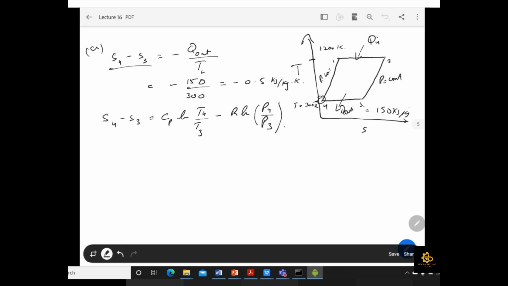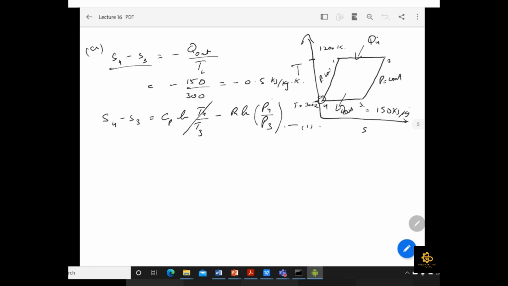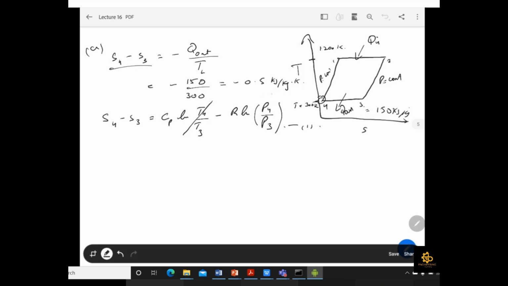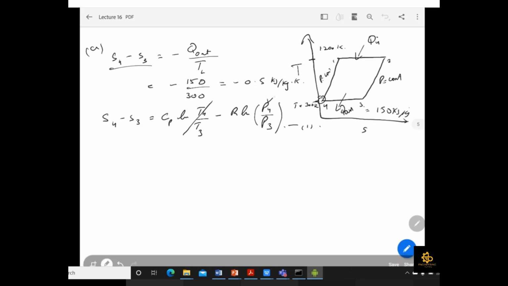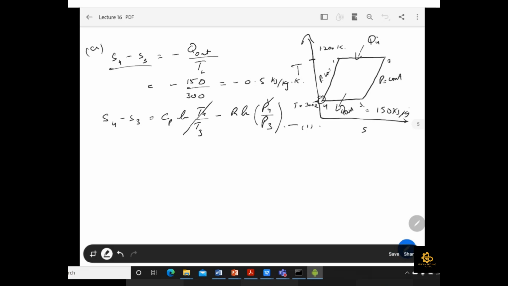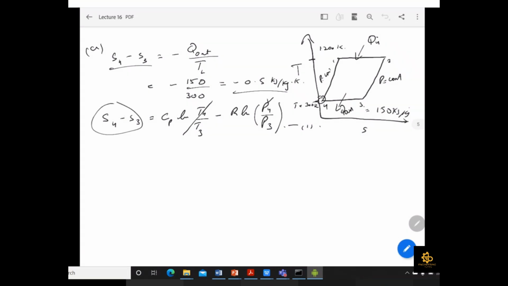We already saw this equation in the previous lecture as well. If we solve this equation, call it equation number 1, for the value of P4, because P3 is given in your question, which is 120 kilopascal, and S4 minus S3 we have already found, you can just solve it.